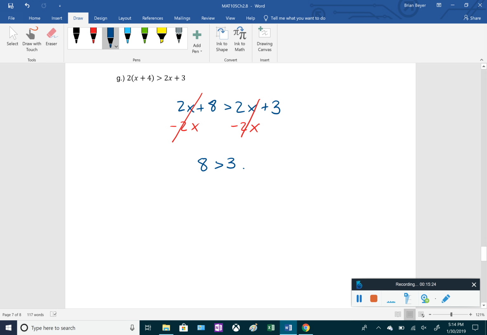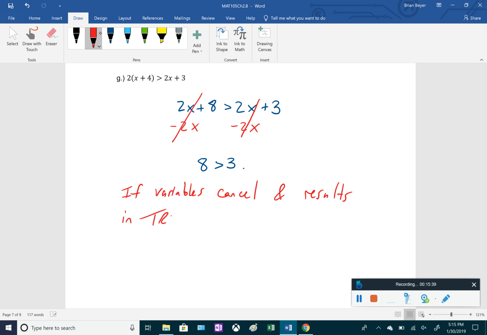So just like linear equations, the same type of thing just happened here. If the variables cancel, and it results in a true statement, then that means no matter what value of x you plug in, it's always going to be true.